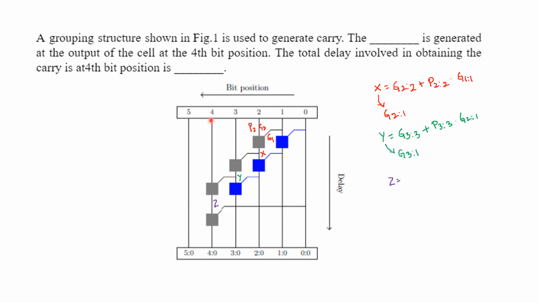The inputs are G4, P4 and Y, which is nothing but G3:1. Therefore, I can write Z is equal to G4 plus P4 dot G3:1. So Z gives you nothing but G of 4:1.